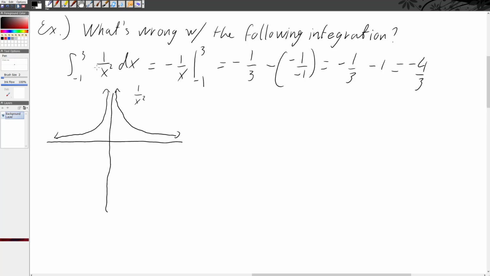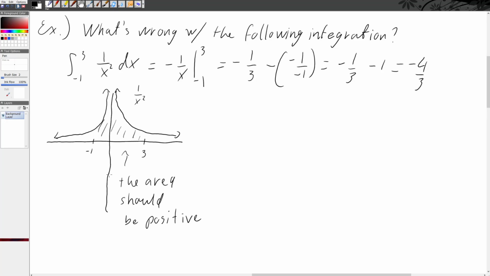So the integral, the area underneath this curve from -1 to 3, should be positive. But the solution that we got is negative, meaning the area should be somewhere down here below the x-axis.